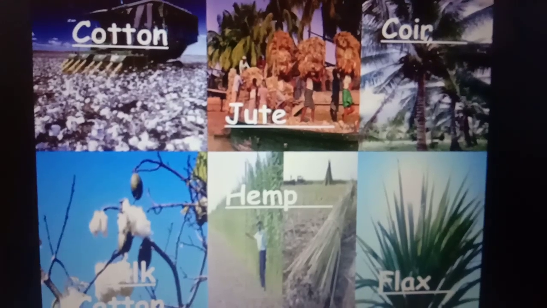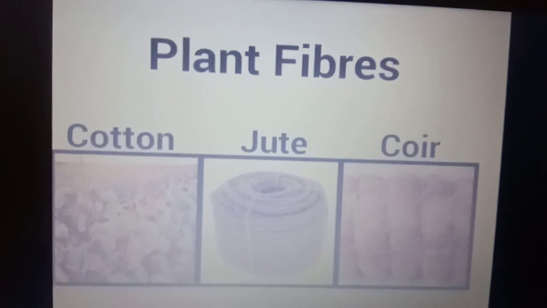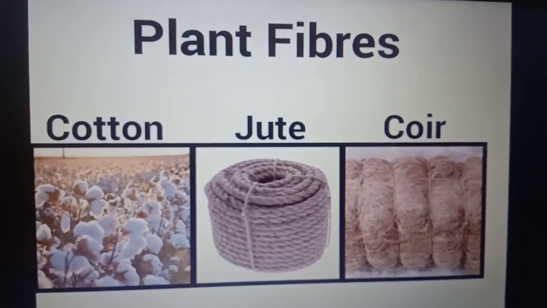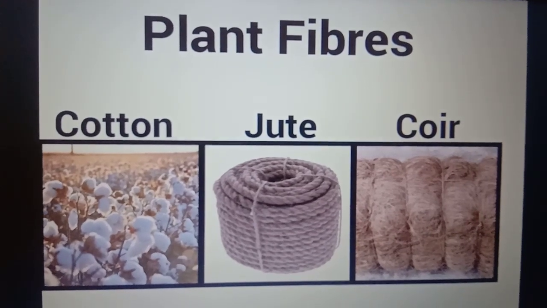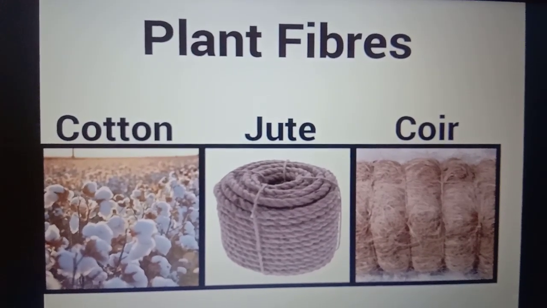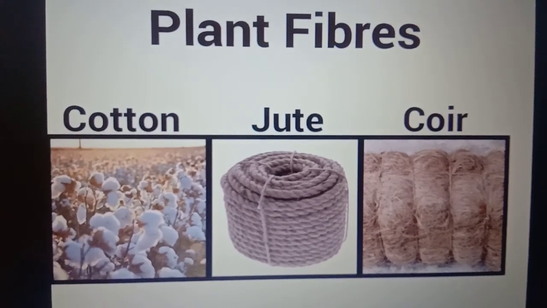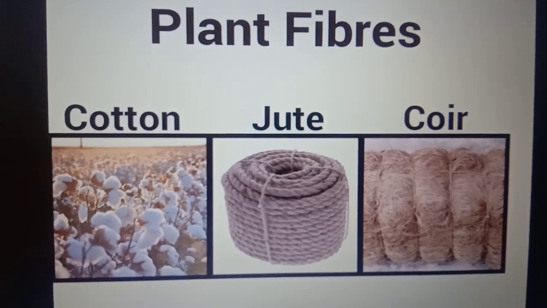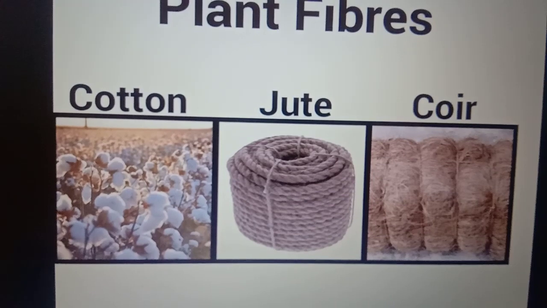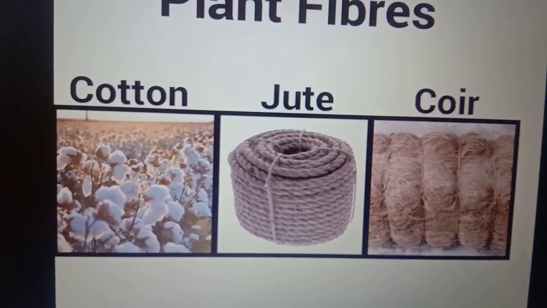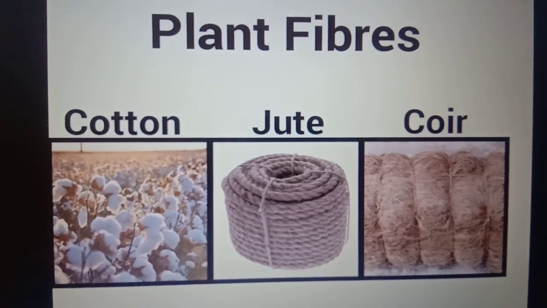Now, let us start with the plant fibers. Plant fibers are classified into different categories depending on the part of the plant they are extracted from. First is fruit fibers. The fibers which are obtained from the fruits of plants are called fruit fibers, for example, cotton and coconut fiber.